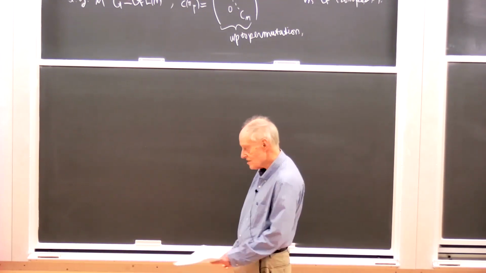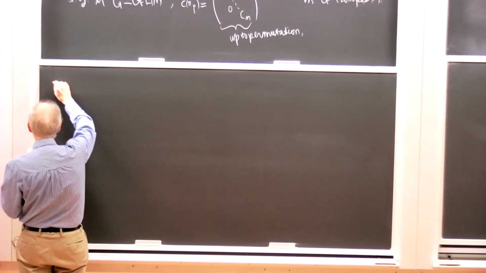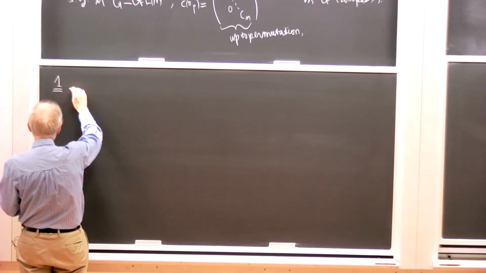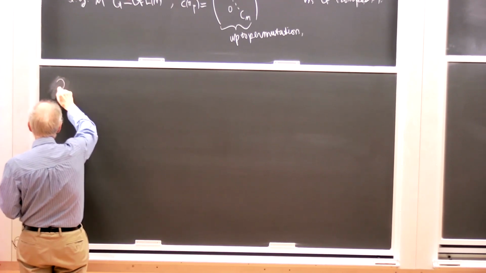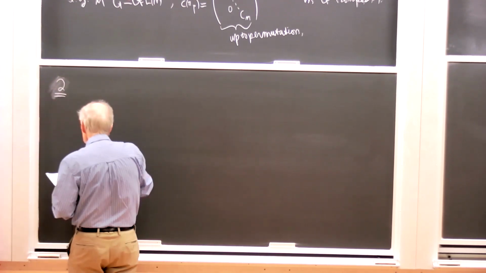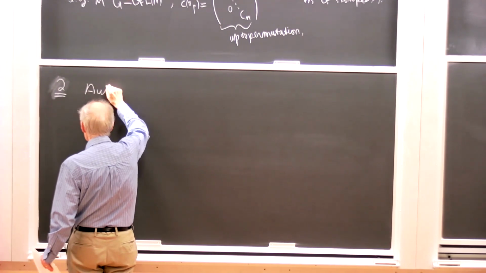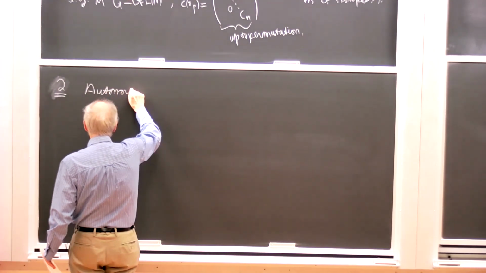Now, part one, I guess, was the notion of an automorphic representation. So part two of this little discussion is the notion of an automorphic L function.